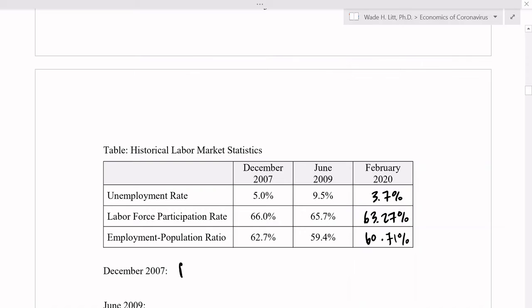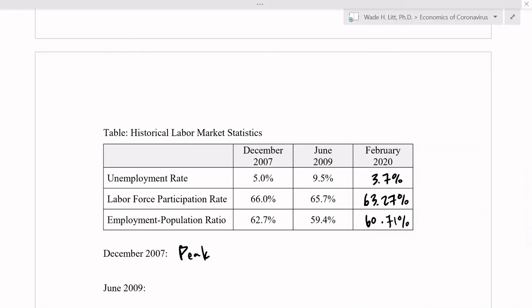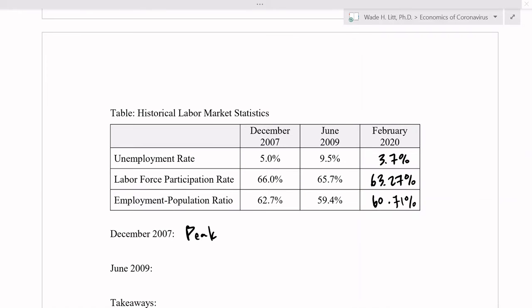Okay, and so what I wanted to show with this table here is that we've got December 2007. That was the peak before the Great Recession hit back in December of 2007. And then June 2009 was the trough, right before we started the expansion, so kind of the worst of it.